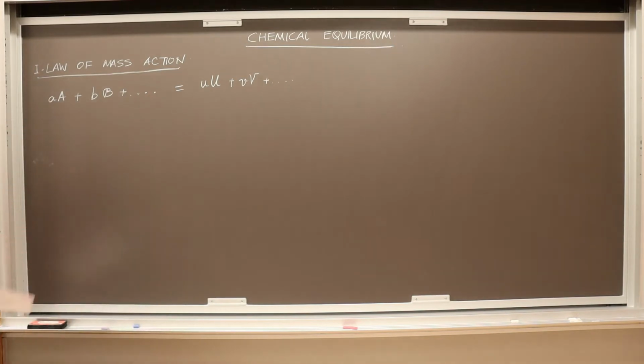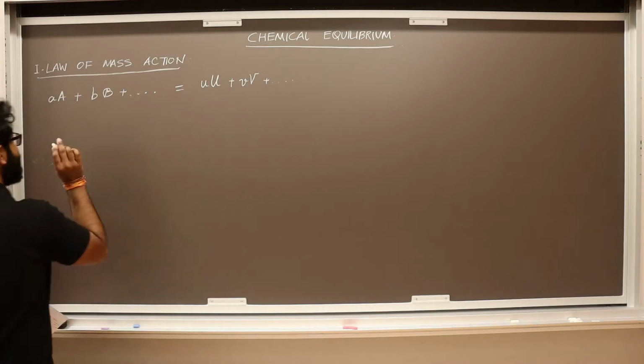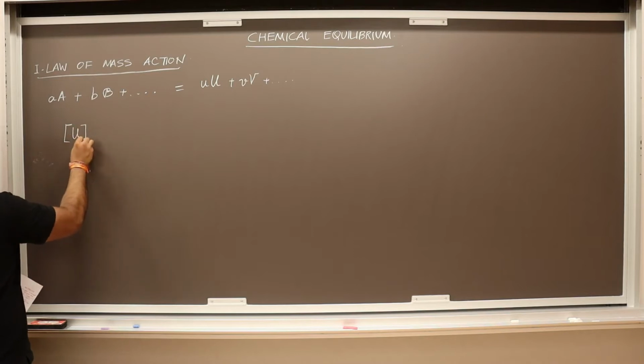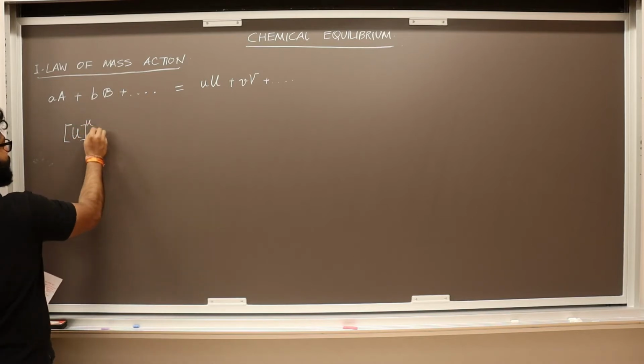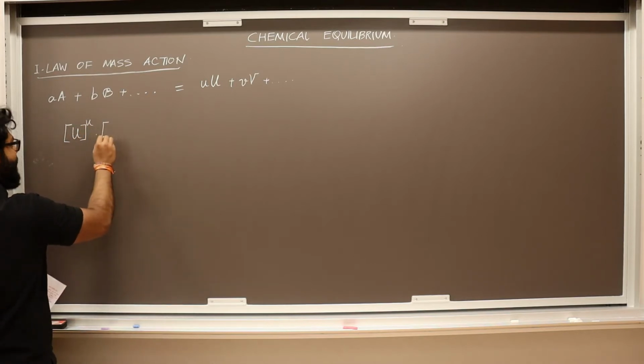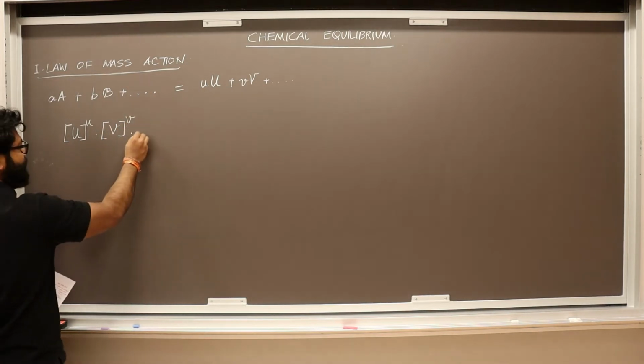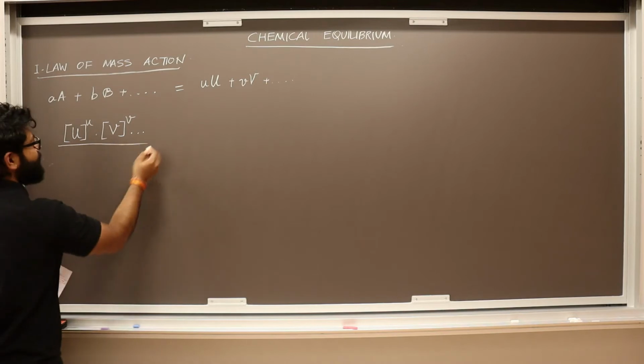Okay, so what does the law of mass action say? The law of mass action says that if this reaction is in equilibrium, then the ratio of, and I'll comment upon the notations, what exactly the square brackets represent, I'll just comment on that.